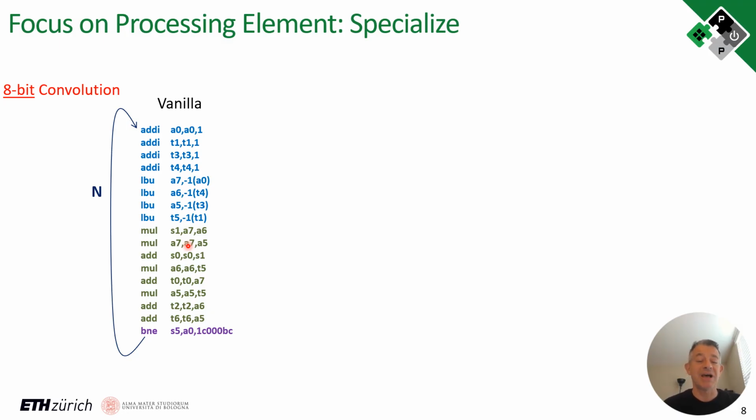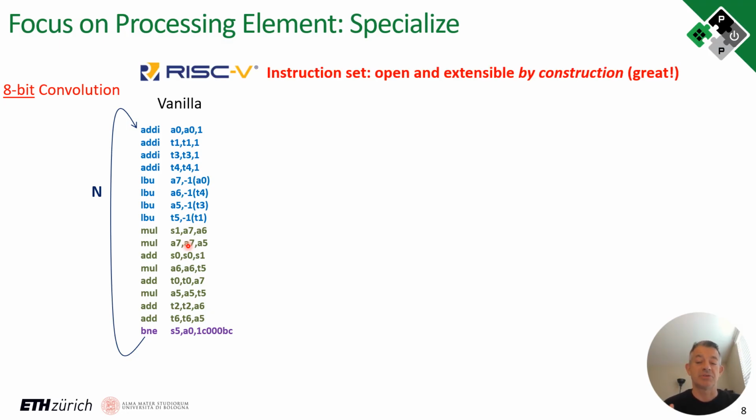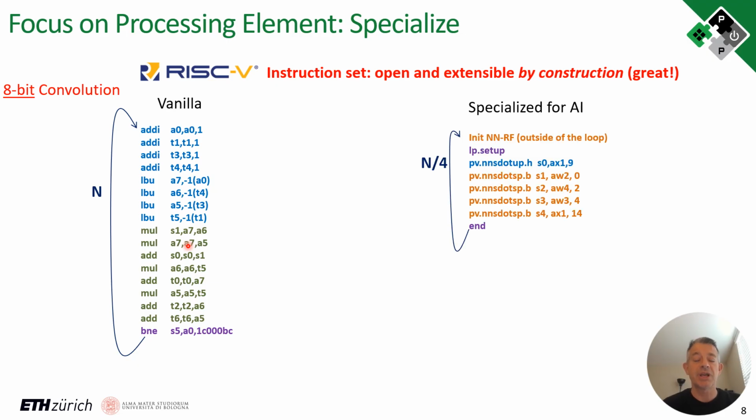So by specializing the instruction set and exploiting the by-design flexibility of RISC-V, where you can add instructions that are domain specialized without violating backward compatibility with the more general purpose instructions, we can create a new add-on instruction set for RISC-V, exemplified here at the right-hand side.